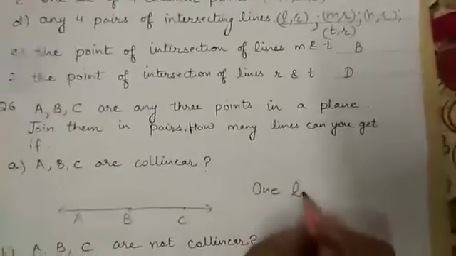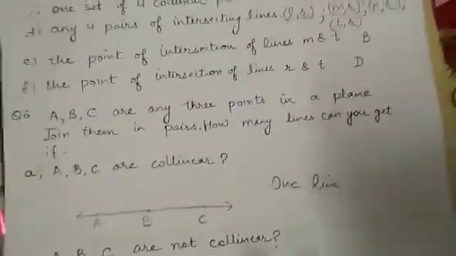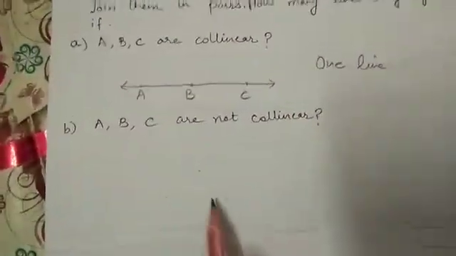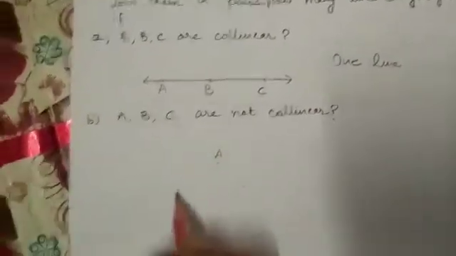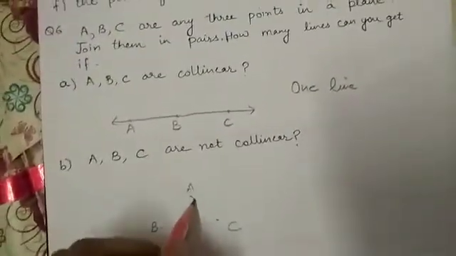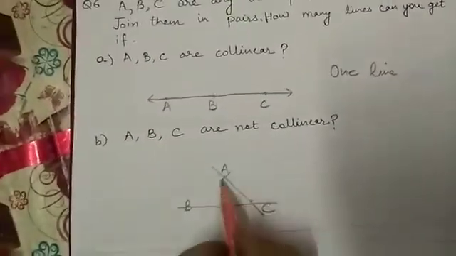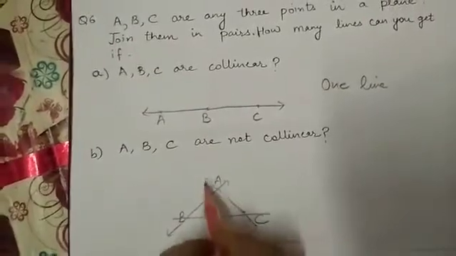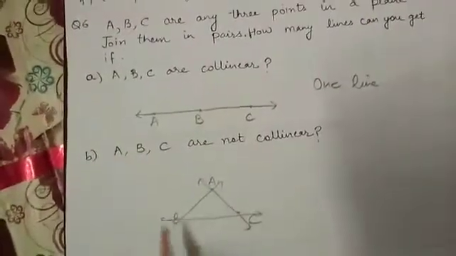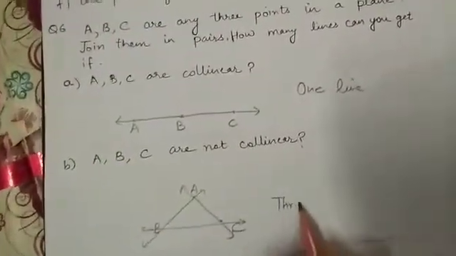So I will write here one line. And if the points are non-collinear, like here A, B and C, if I join these in this way, I will get how many lines? I can see now 3.